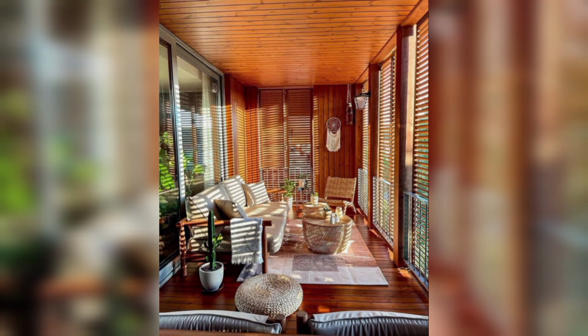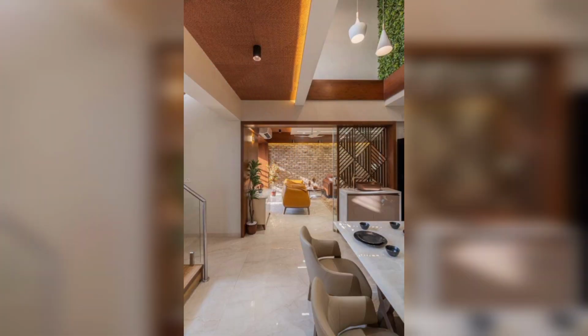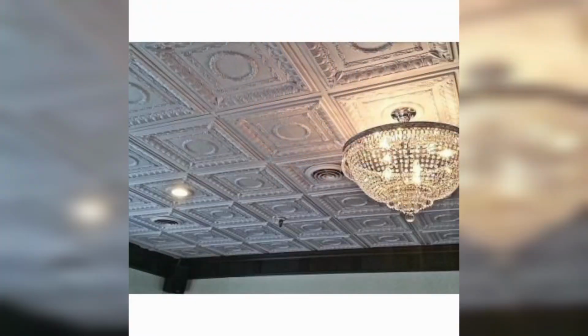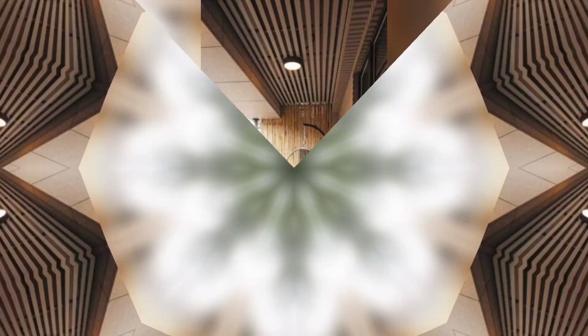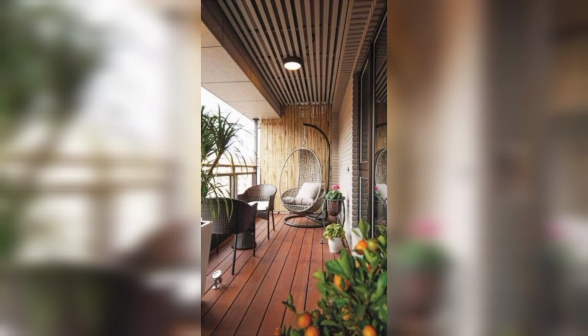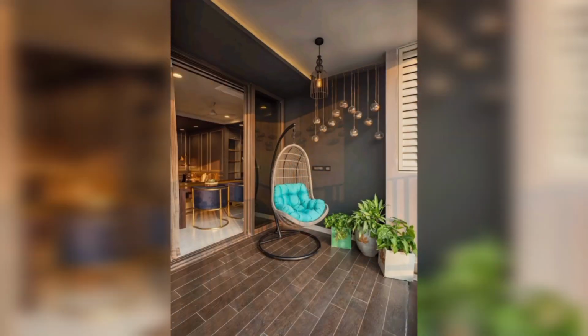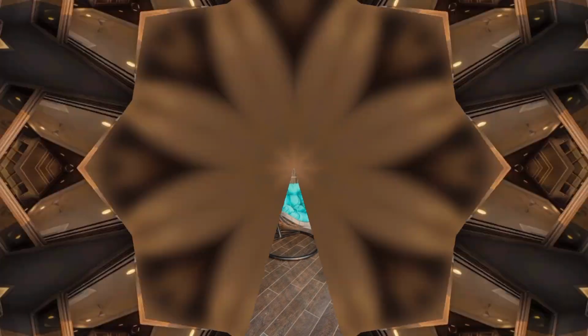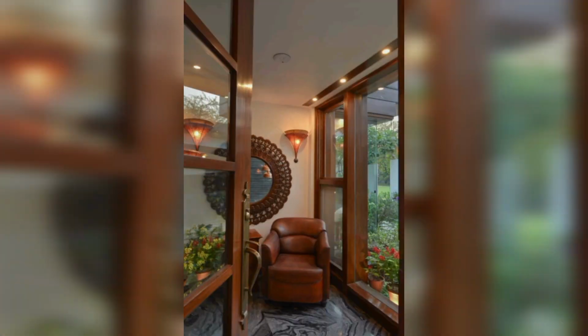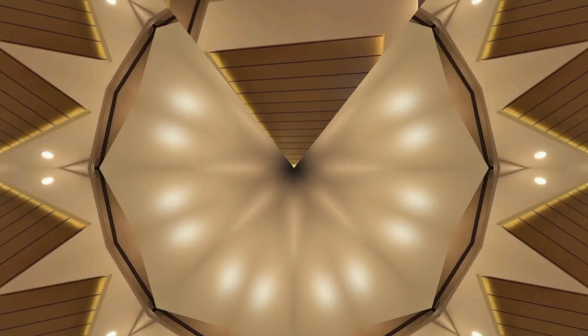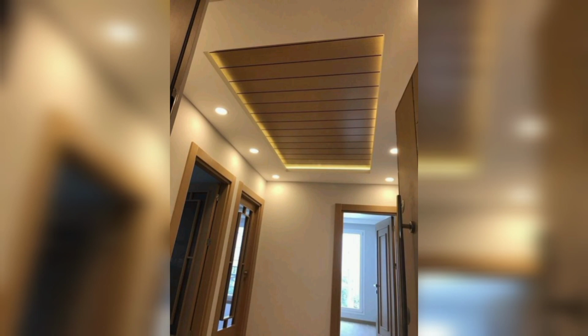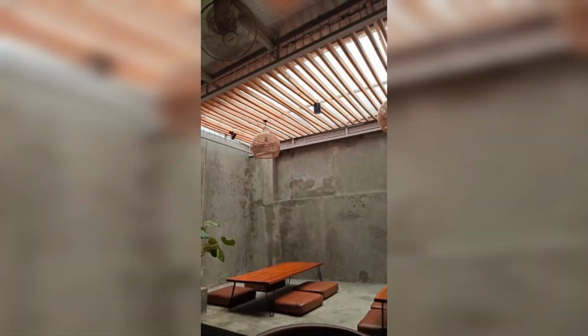A cove ceiling uses a curved plaster transition between wall and ceiling. It is named for cove molding, molding with a concave curve. A stretched ceiling uses a number of individual panels using material such as PVC fixed to a perimeter rail.